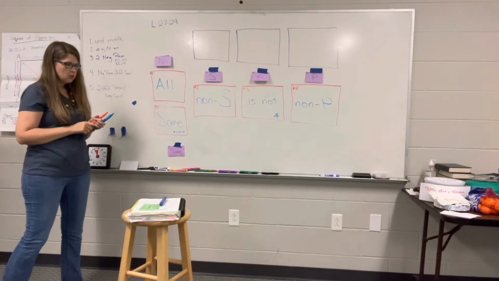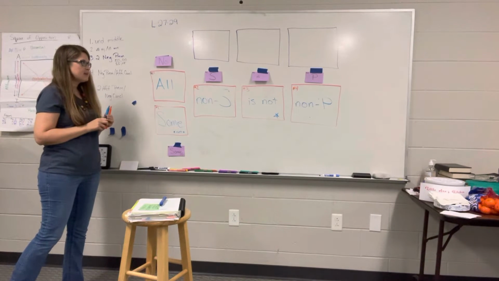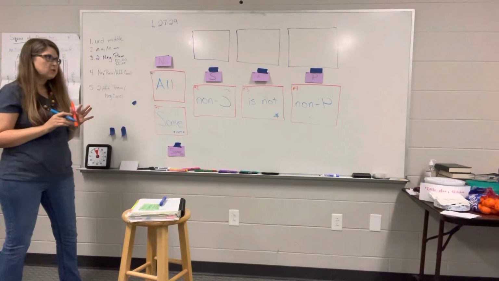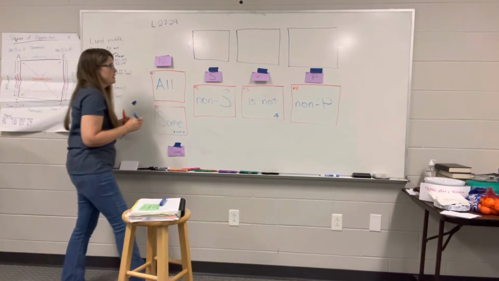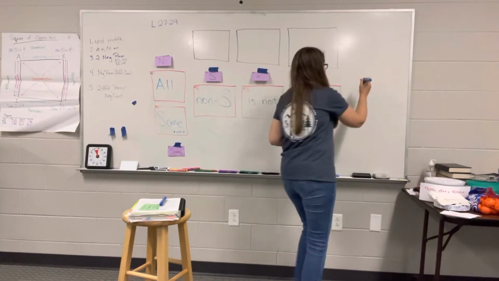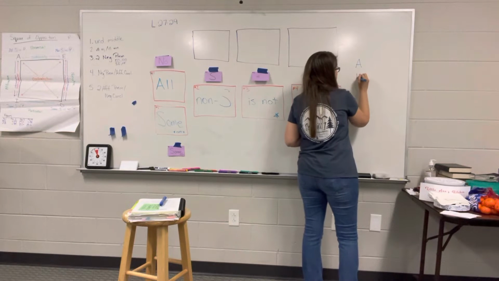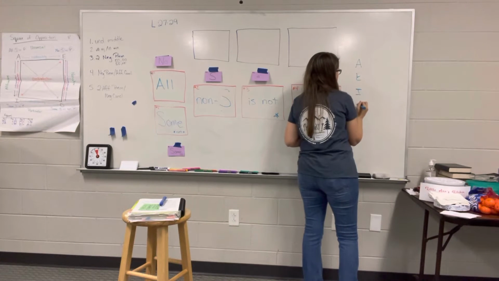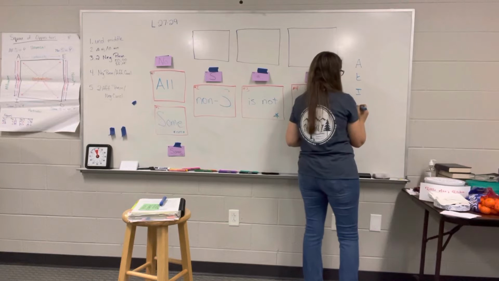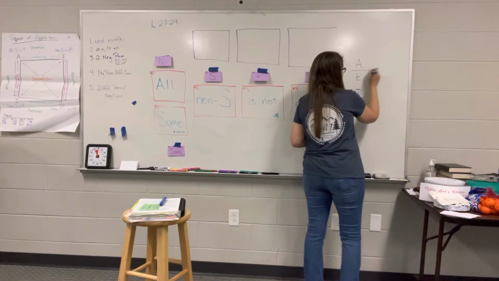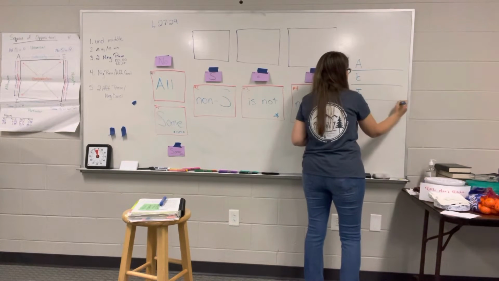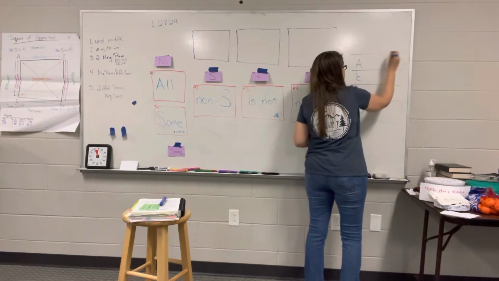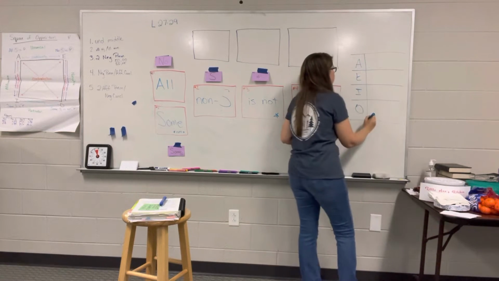So, how many types of statements do we have? We have A, E, I, and O. They each have 2 immediate inferences that work for them.